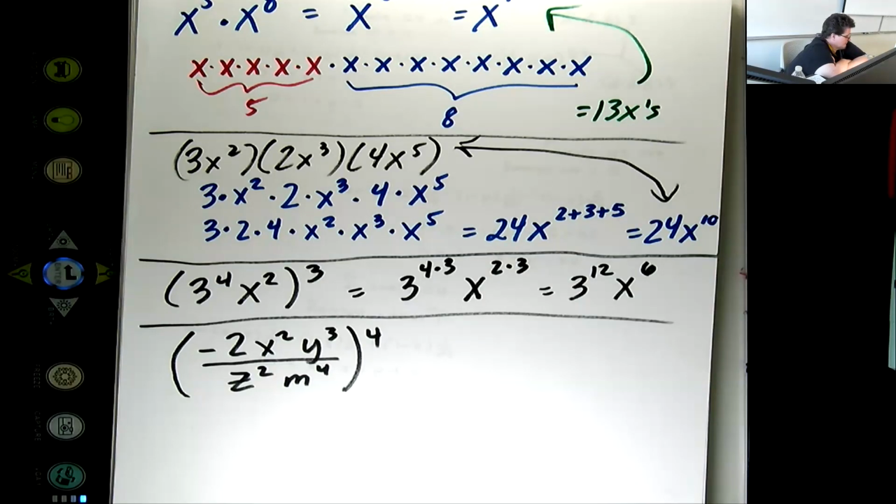Let's try that. No. I'll take it home and I'll have it in the morning. I've got Calc 1 in the morning at 8 AM. There you go.